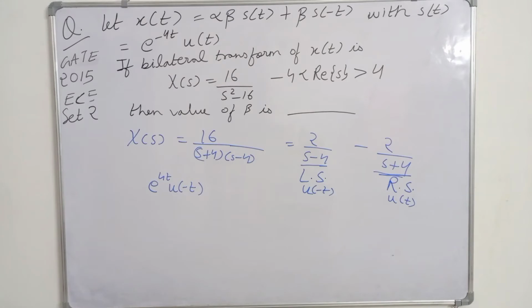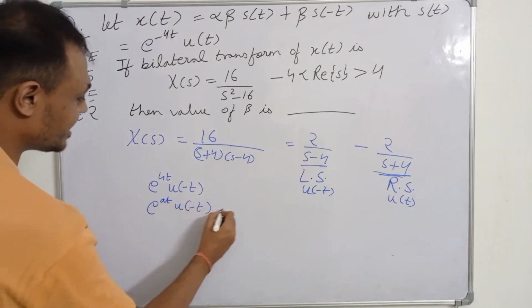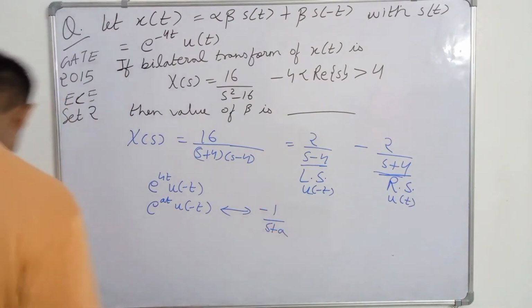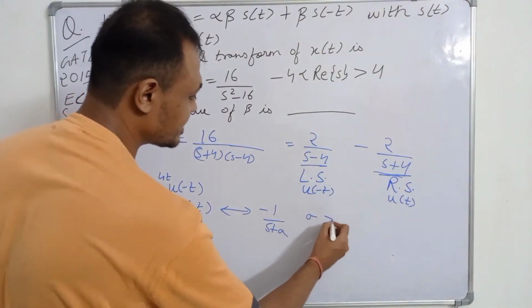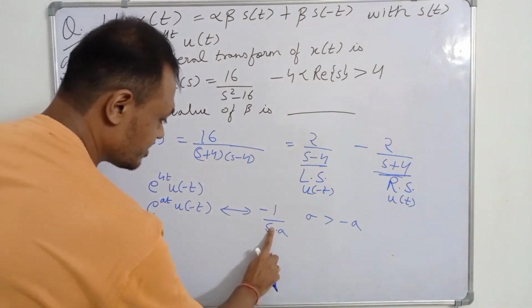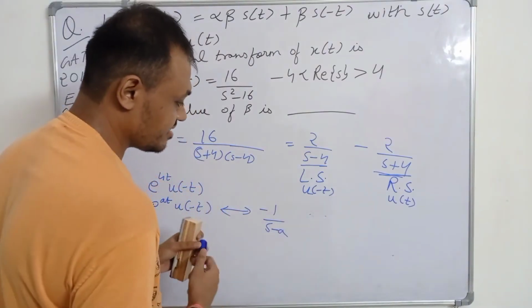The Laplace transform of e to the power at u of minus t is minus 1 upon s minus a, where the real part of s is less than a.